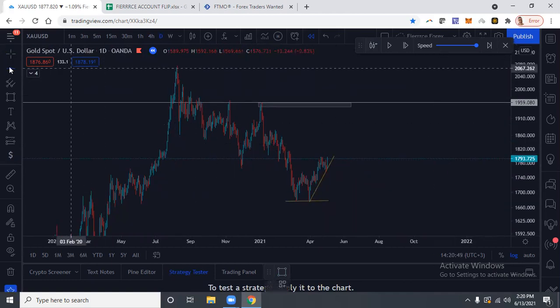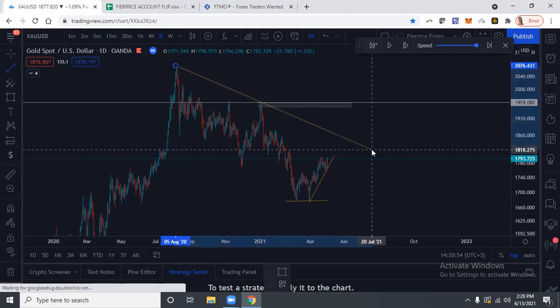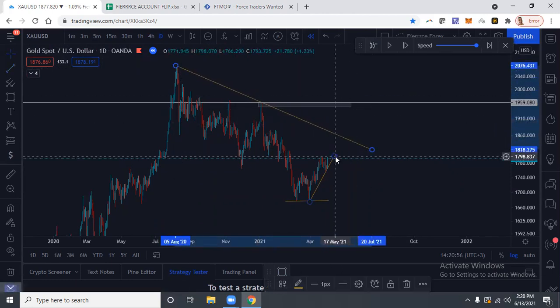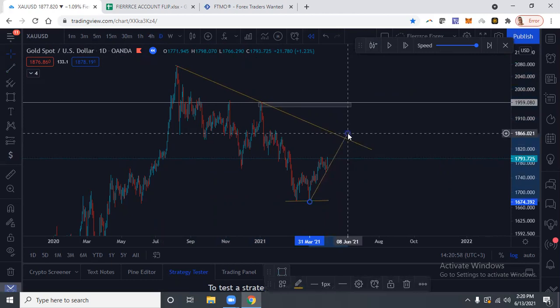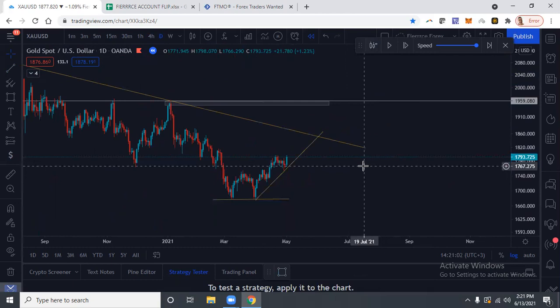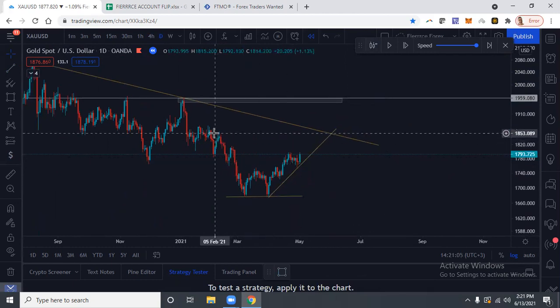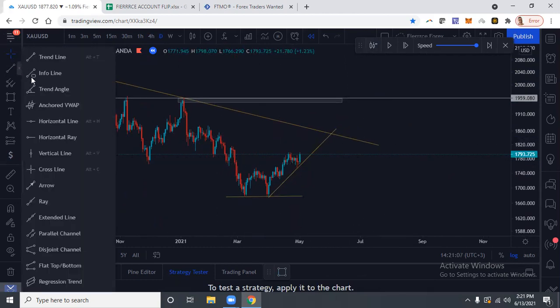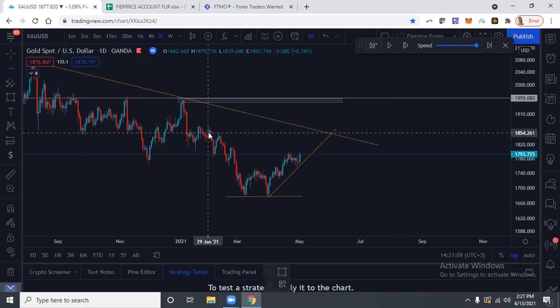We've been respecting this trend here. Worst case scenario, let's say it pushes up possibly to this level here. Another key level for me is probably this previous high here.